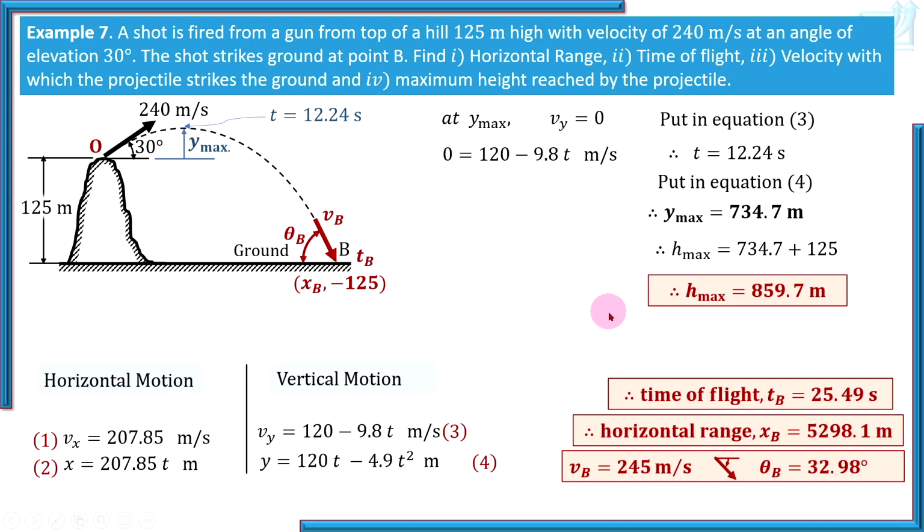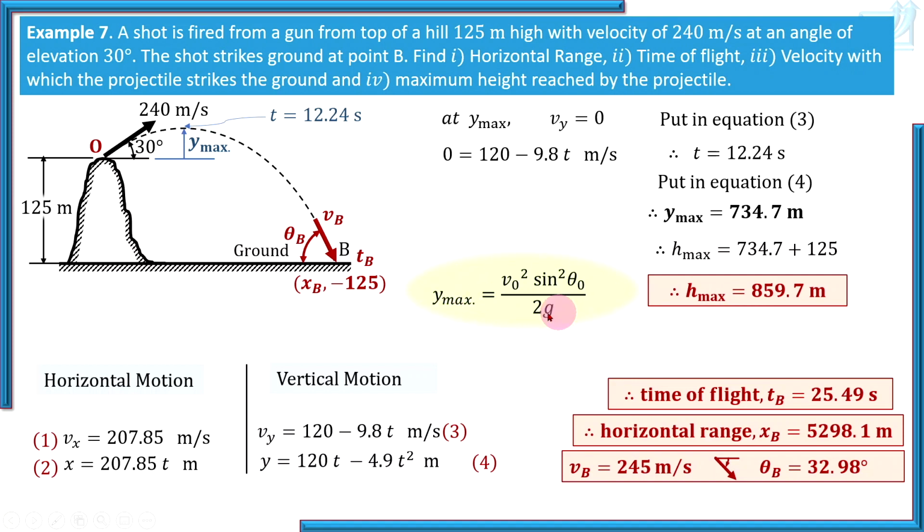Now listen, y max, that is y coordinate of highest point on the parabolic path of the projectile. That you can find out using this formula also. In very first lecture I have given you this formula.